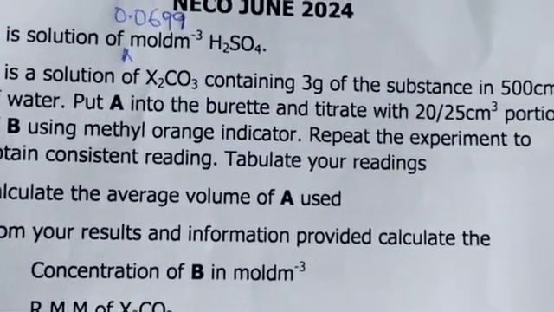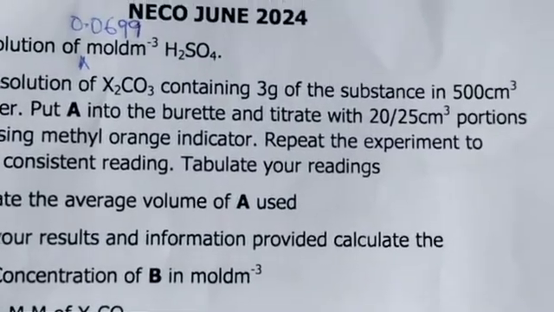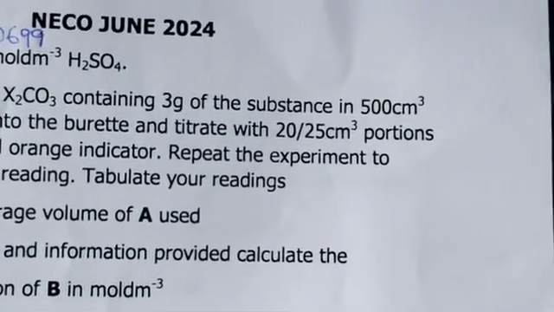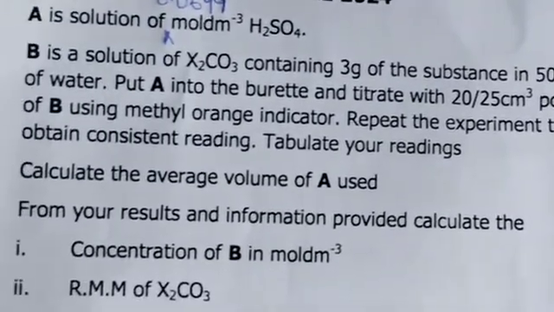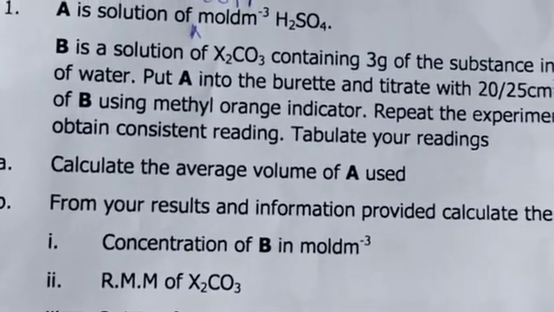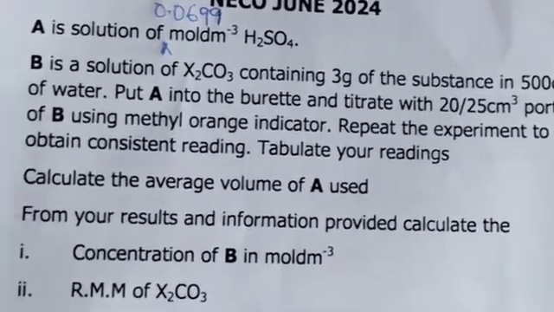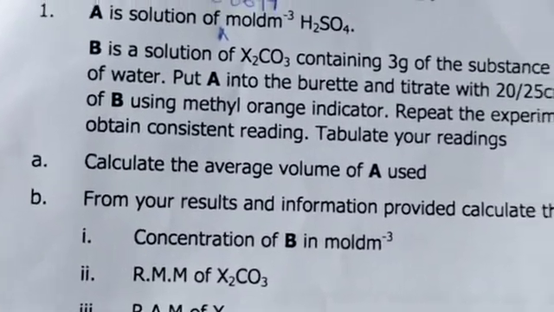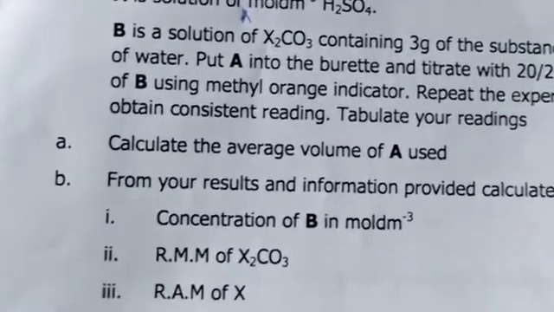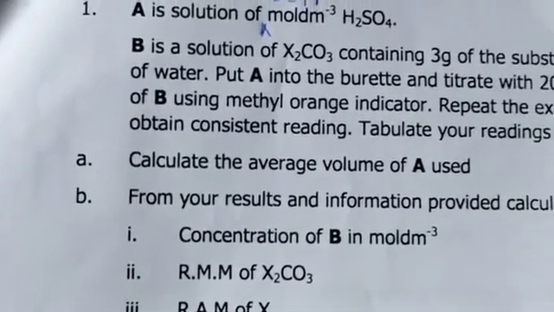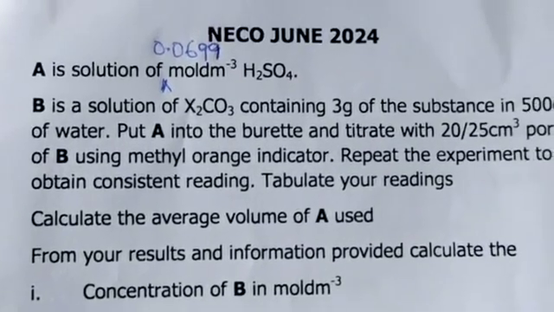Put A into the burette and titrate with 25 cm cube portions of B using methyl orange indicator. Repeat the experiment to obtain consistent readings, tabulate readings. Then calculate the average volume of A used.